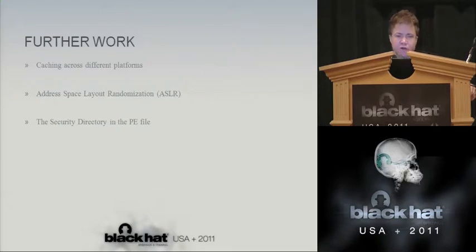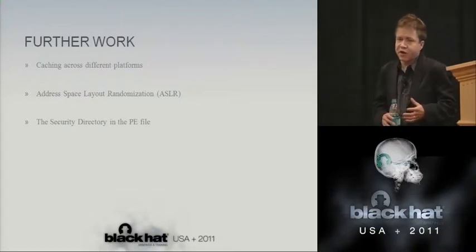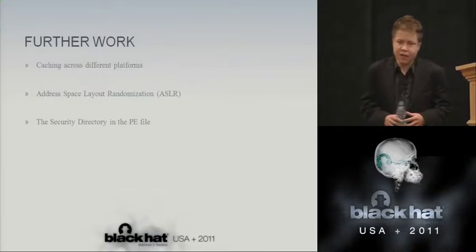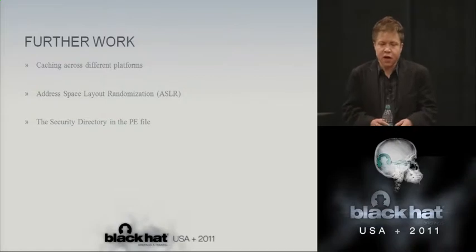So in wrapping up, I'd like to talk about some further work that needs to be done. Basically, one of the first things we noticed, and we're not really sure if this is particular to our configuration or what the deal was, but caching on a Windows 7 system, on my Windows 7 and some 2008 that we tried, 64-bit, the machines that we were looking at had a lot of memory.